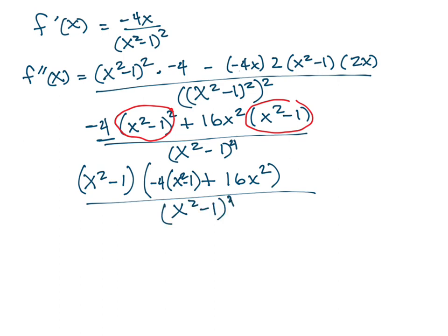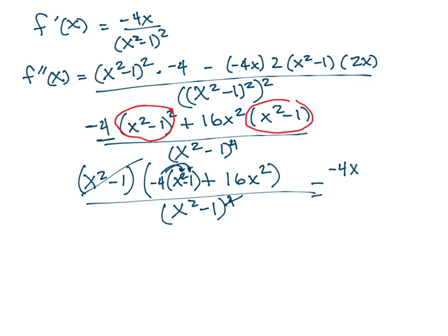Why did I pull that? Because it can cancel with one of those on the bottom. So now that'll be x squared minus 1 cubed on the bottom. So on top, we're going to have negative 4. What if I push that negative 4 through right there?